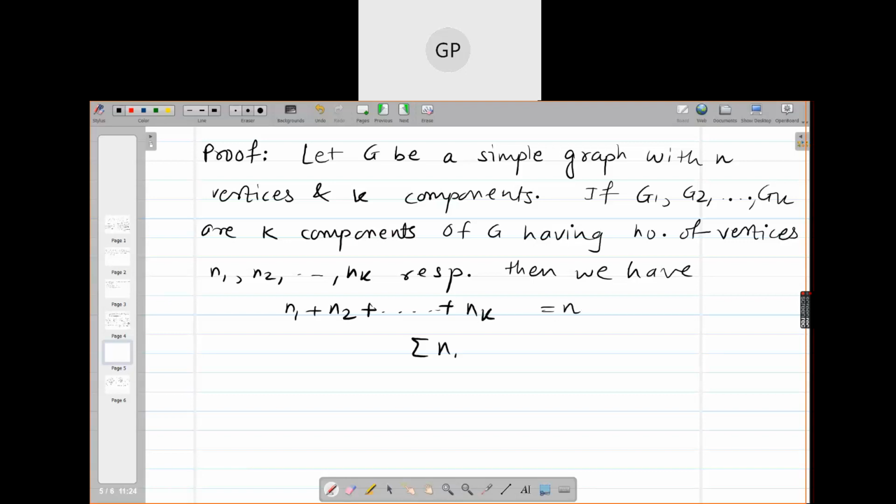That is, summation ni is equal to n, i goes from 1 to k. We will continue with the proof in the next lecture.